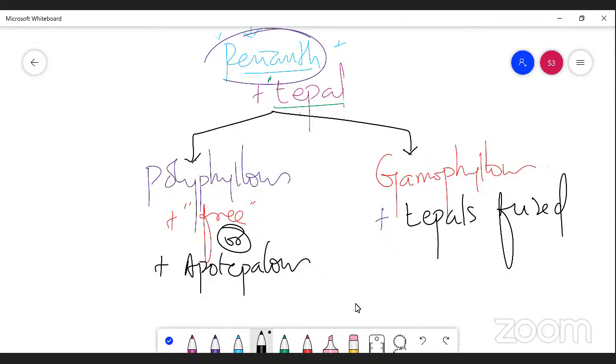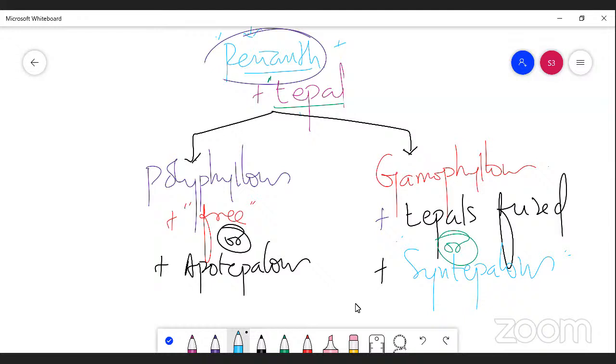So simply fused tepals in a flower is called gamophyllous. It is also known as syntepalous. My dear student, please understand, syntepalous means fused tepals. The tepals are fused in a flower that shows no differentiation between calyx and corolla, right?